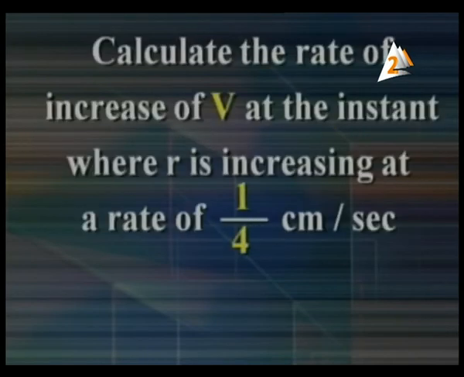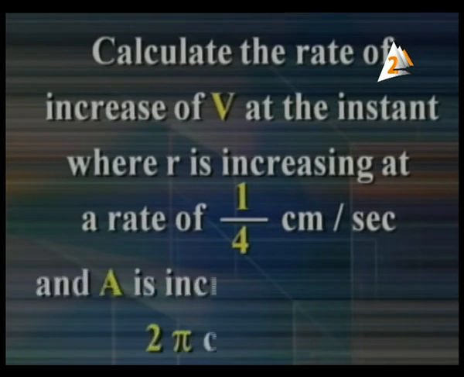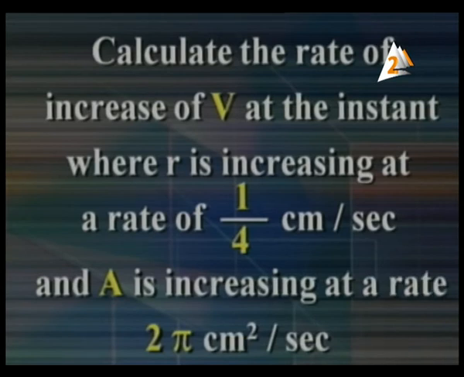Then calculate the rate of increase of volume at the instant where R is increasing at a rate of 1/4 cm per second, and find the area, in this instant, when A is increasing, or dA/dt, at a rate of 2π cm² per second.